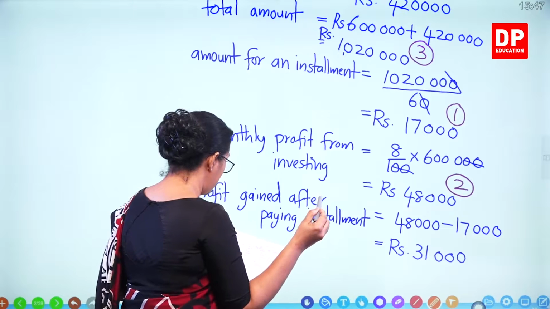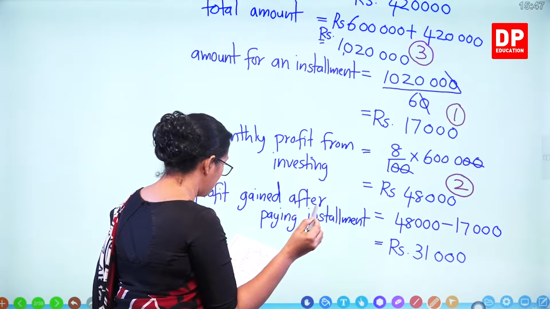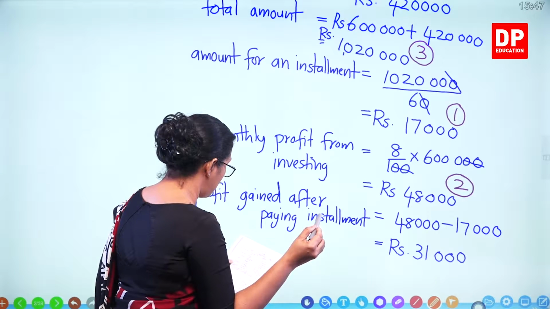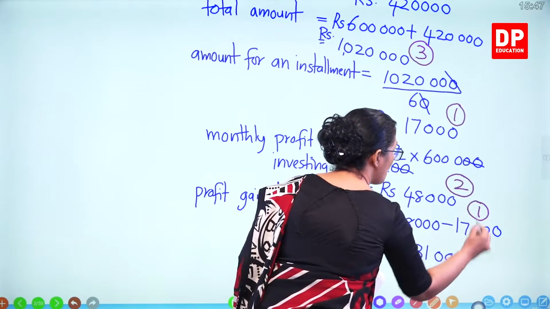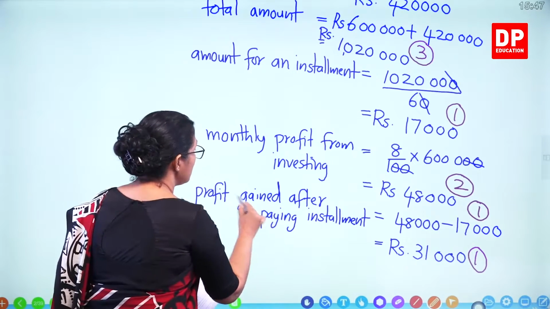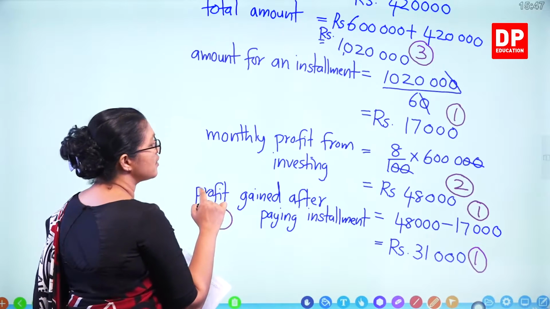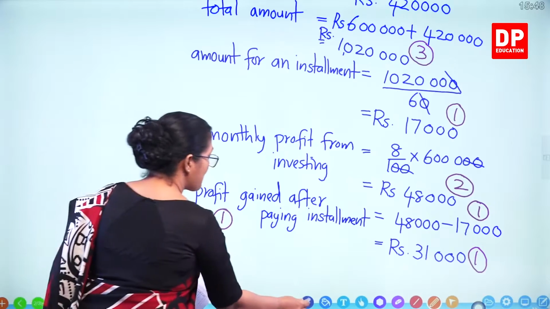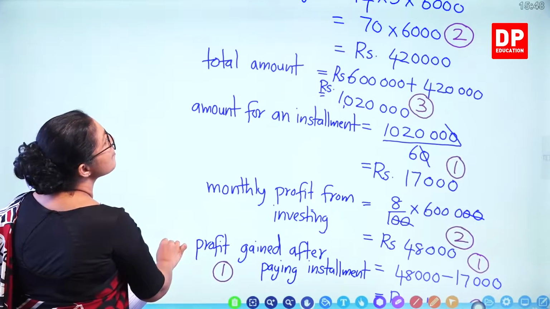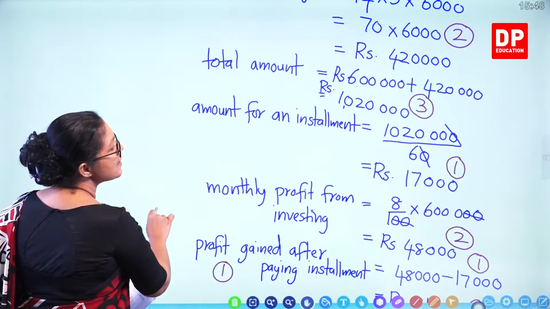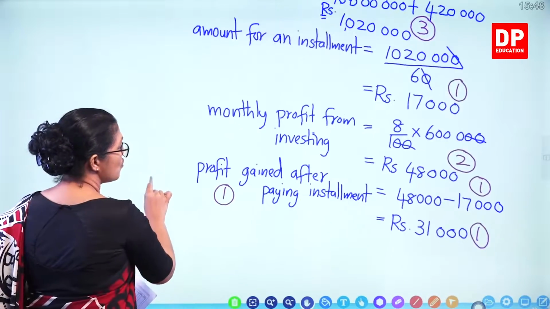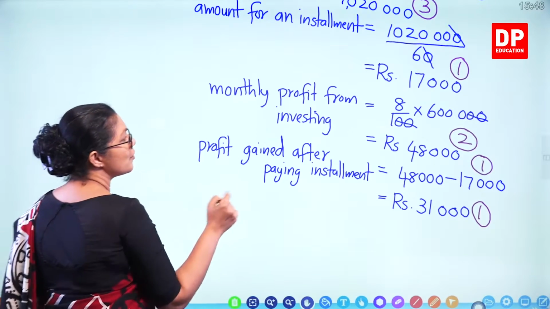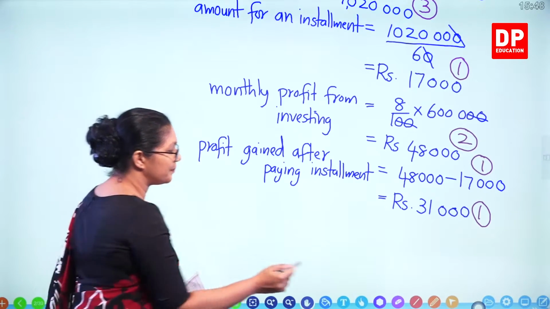And finally 31,000 profit: subtraction 1 mark, and mentioning that this is a profit, 1 mark. So 10 marks for this question.